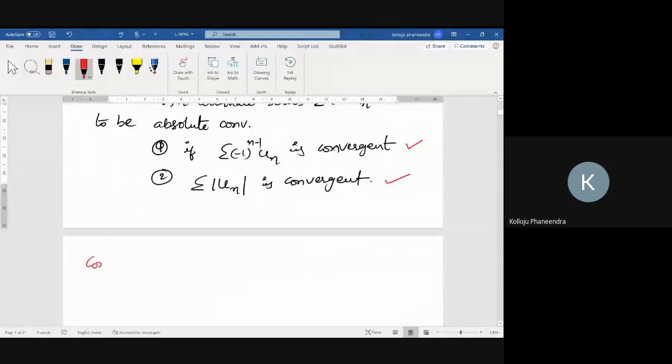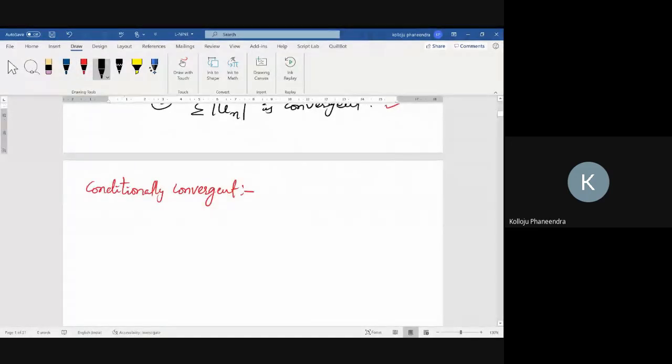Now, another one, conditionally convergent. The definition is the same.